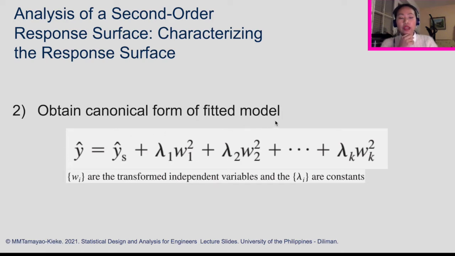After that, you obtain the canonical form of the fitted model. The canonical form of the fitted model would be y hat is equal to y hat s plus lambda 1 w1 squared plus lambda 2 w2 squared until lambda k wk squared, where the set w sub i are the transformed independent variables, and the set of lambda i are constants, which are basically the eigenvalues of the capital B matrix.